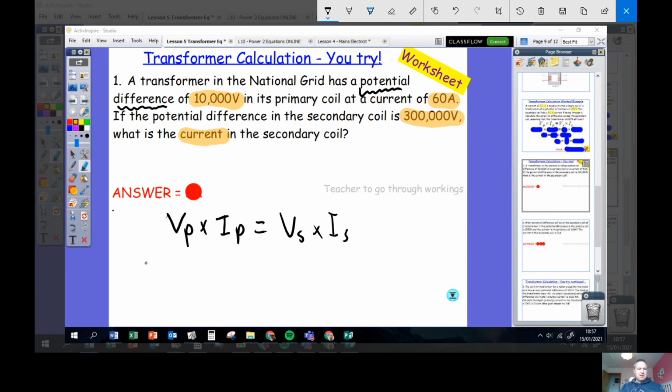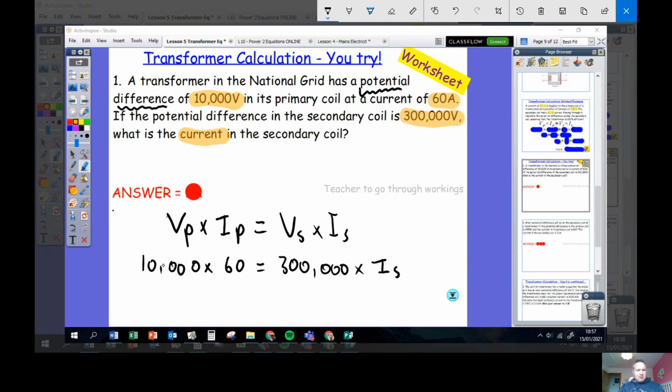Primary voltage, that's 10,000, times primary current, that's 60, equals secondary voltage, 300,000, times secondary current. Well, I don't know that. That's my mystery number. So 10,000 times 60 equals 300,000 times my mystery number, my secondary current.